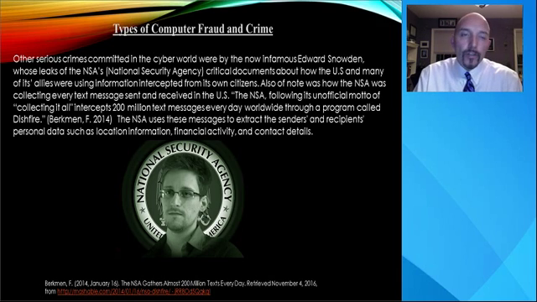The NSA uses these messages to extract the senders' and recipients' personal data such as location information, financial activity, and contact details. Edward Snowden is being sought by the U.S. to stand trial for acts of unauthorized communication of national defense information and willful communication of classified intelligence information to an unauthorized person. The U.S. has extradition warrants out on Snowden, but he remains a guest of Russia, where he has been granted asylum.